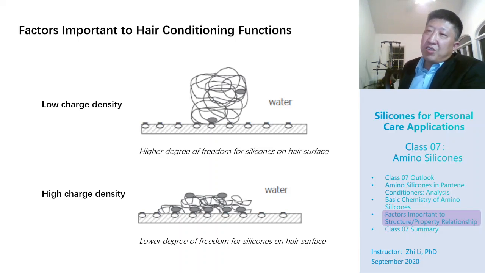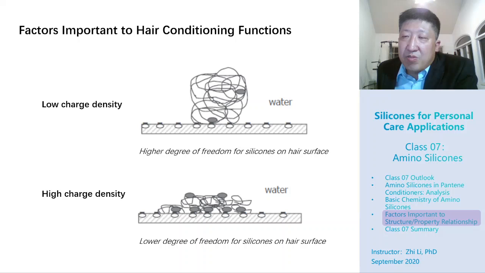For all this silicone sensory and lubrication and all the different things associated with silicone, you might want a high degree of freedom for silicone on the hair surface, and that means you might want a lower charge density. And that may explain why P&G patented the way it patented.